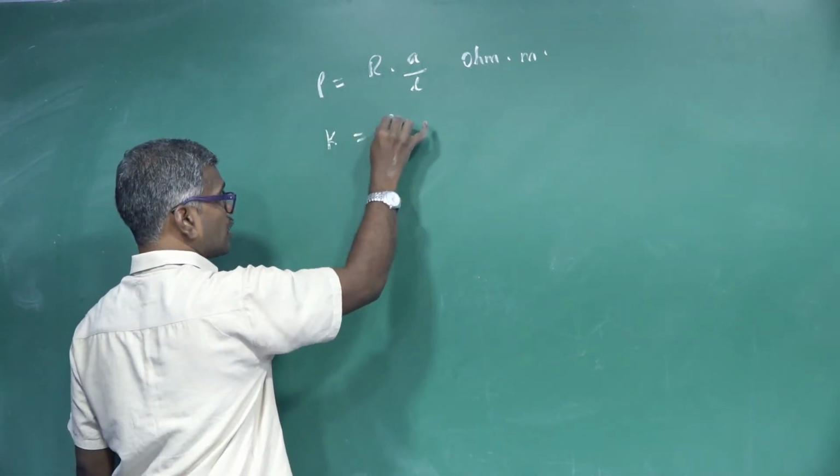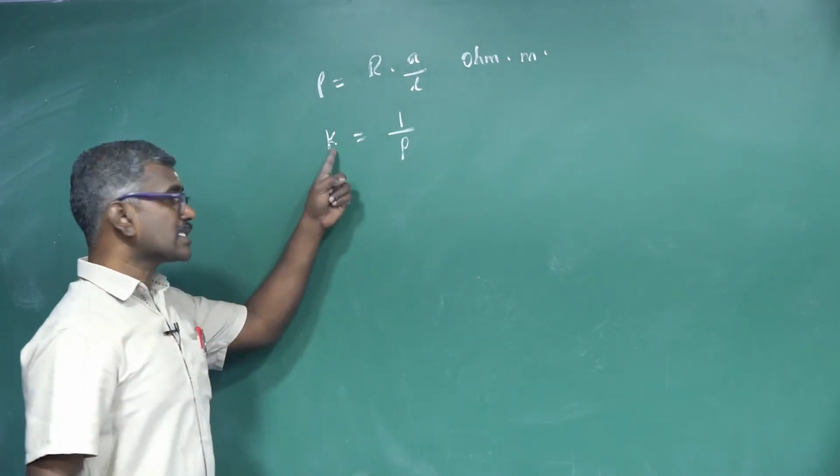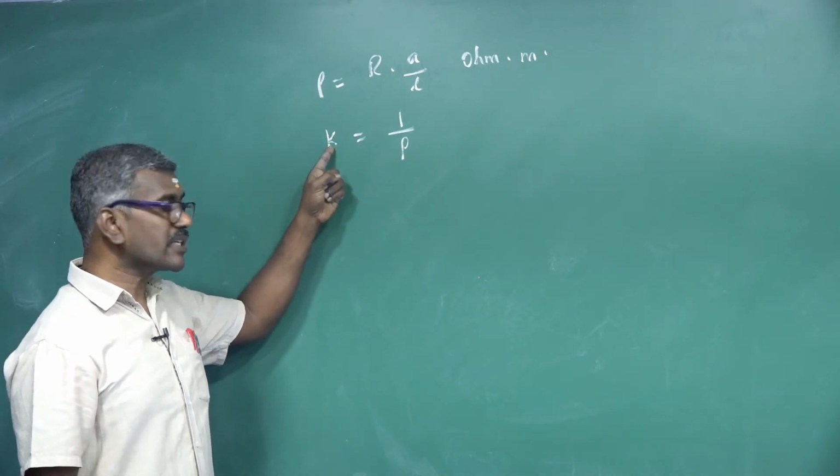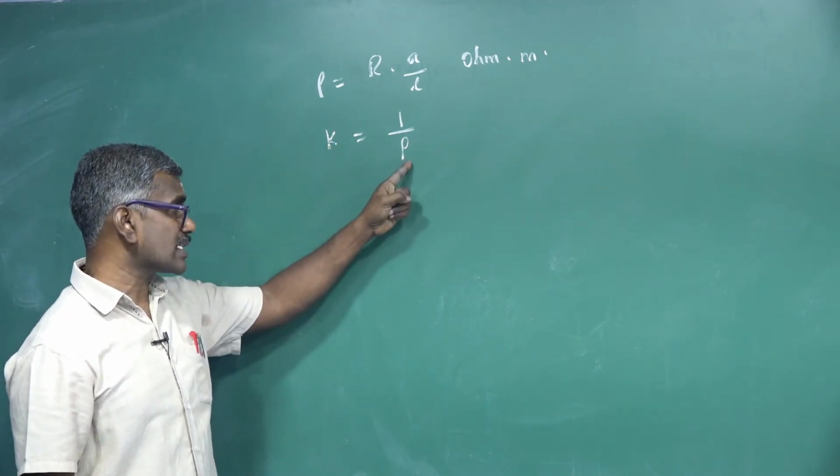So K is equal to 1 by rho. K is the conductivity, that is the specific conductivity. Conductivity is the reciprocal of specific resistance.